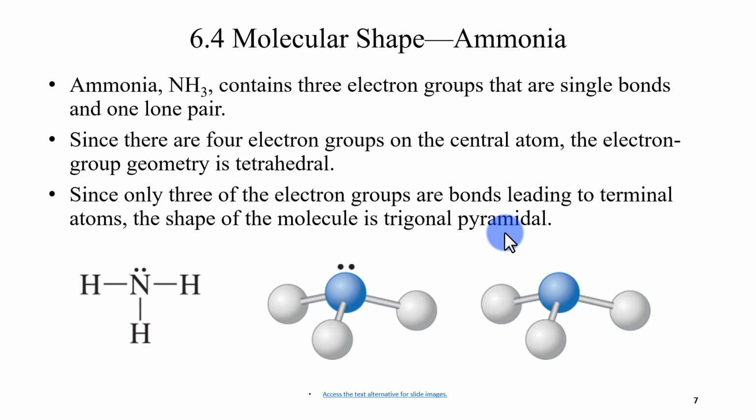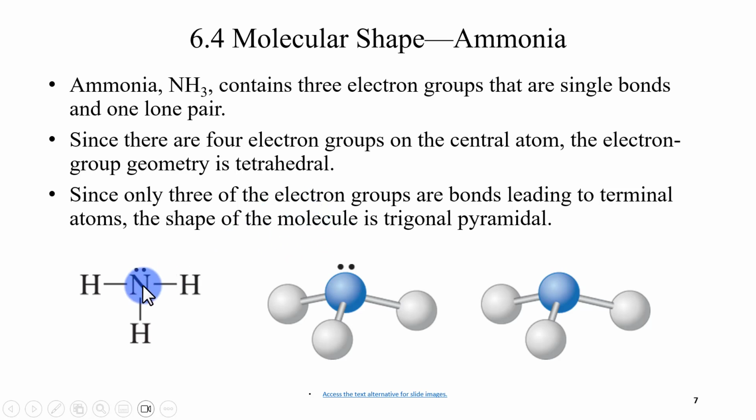This comes because that lone pair occupies more space than if I had a single bond between the nitrogen and an extra atom over here. Since it occupies more space, it repulses these bonds more and pushes them away. And so it forms this trigonal pyramidal shape for the molecule.